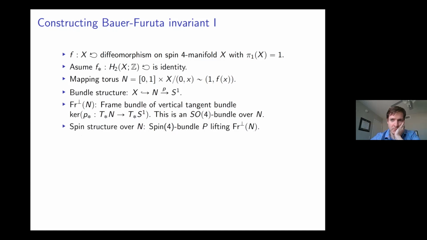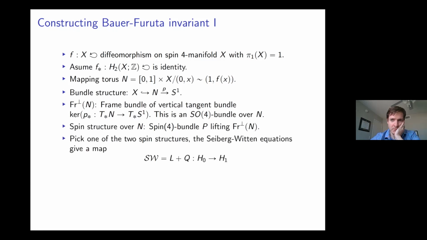Or you can think of it as a fiberwise spin structure patched together. It turns out that by this simply connected assumption, and because the base is S¹, there are always two spin structures. Let's just pick any one of them.